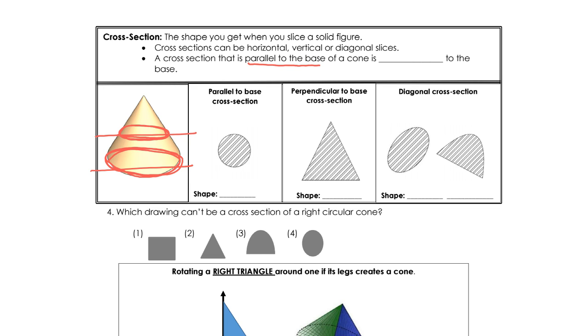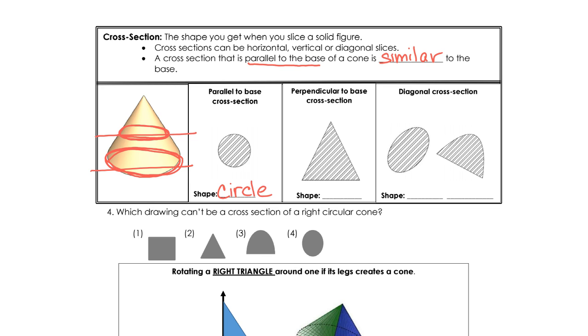However, although it doesn't have the same size, so it can't be congruent because congruent means same, it's going to be similar to the base. So it's the same shape, just not the same size. Parallel to the base, we get a circle, but it's going to be a similar circle. It won't be the same size as the base, but it's still a circle.